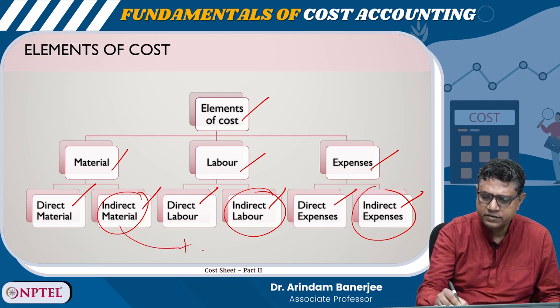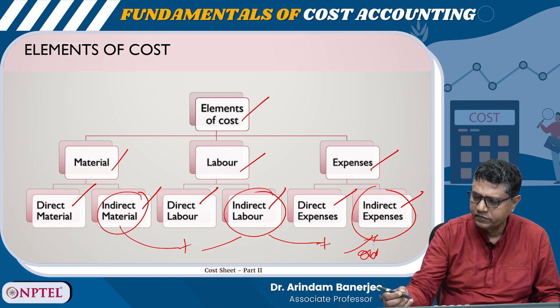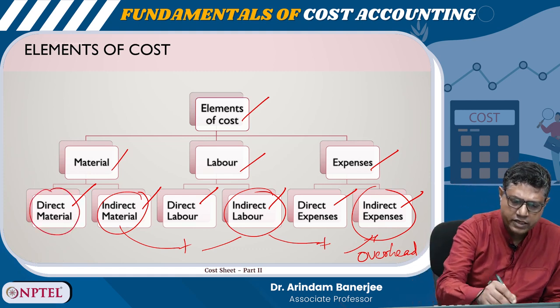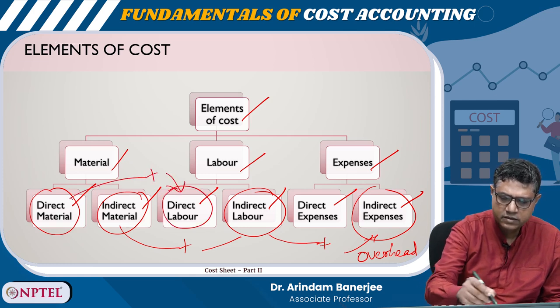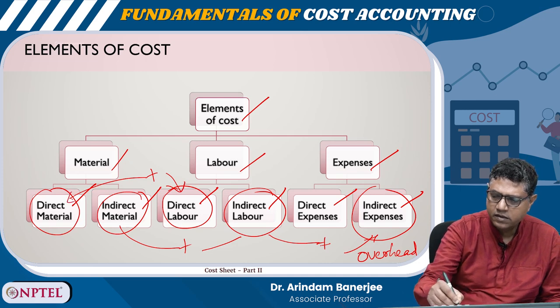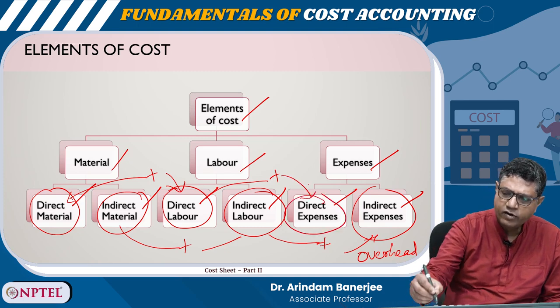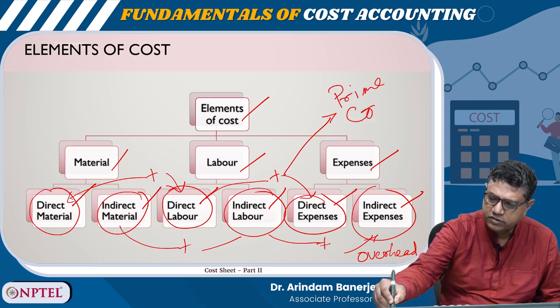If I add these three elements, what I get is called overhead. And if I add the other three, what I get is called the prime cost.